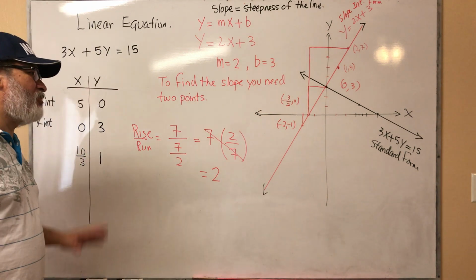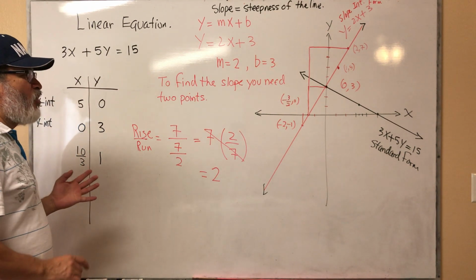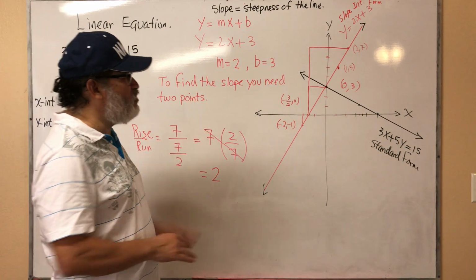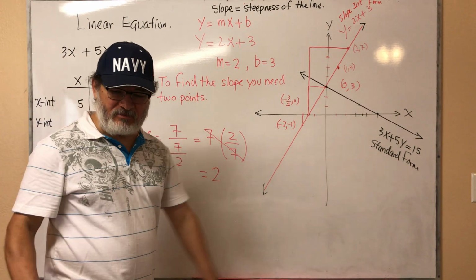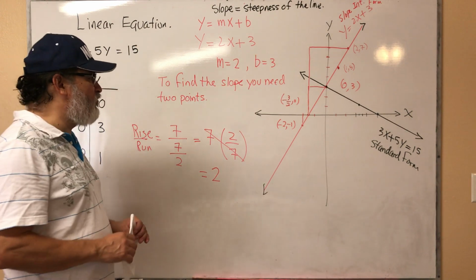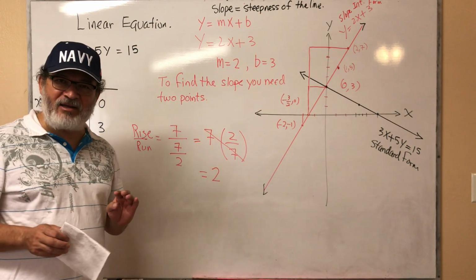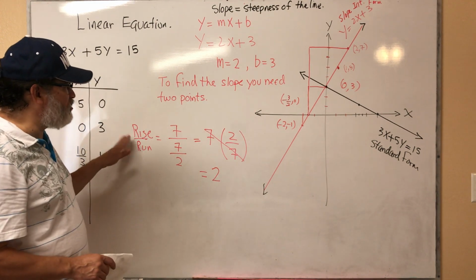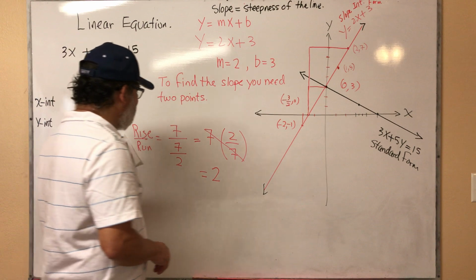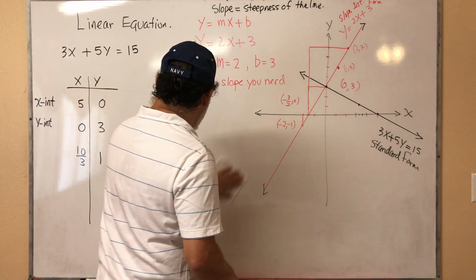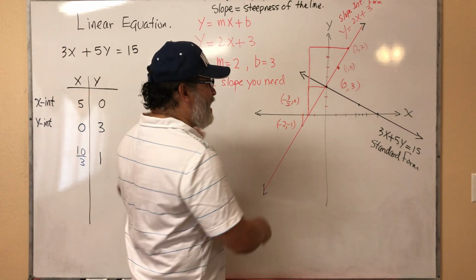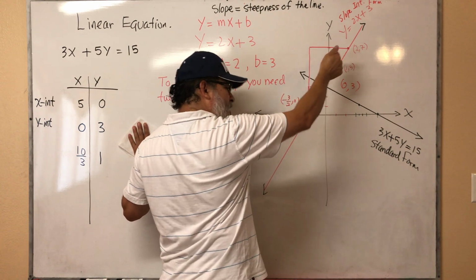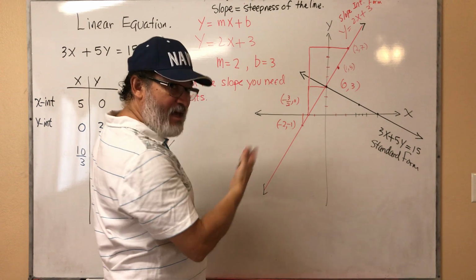Okay, but wait a minute. What if you do not have the graph? You just have the points. Okay, let me show you a formula to find the slope. Remember, the slope is the rise over the run. Notice here we rose and then we ran because we have the line.